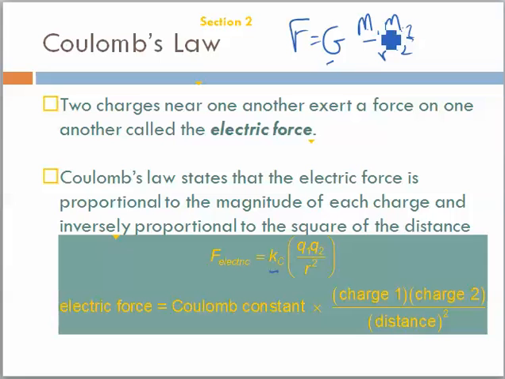The masses are the two magnitudes up top, and then down here for our electric force we've got two magnitudes, which would be the charges of the two objects, and then we still have this distance squared on the bottom. So they're set up the exact same way, except instead of talking about the gravitational force between the two because of the mass, we're talking about the electrical force between the two because of their charges.